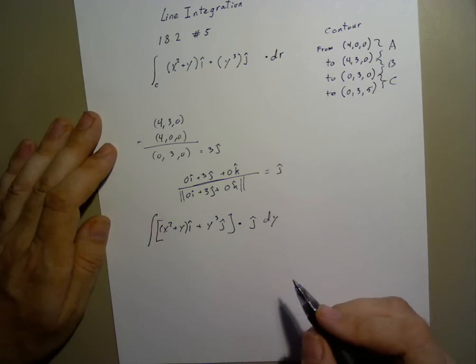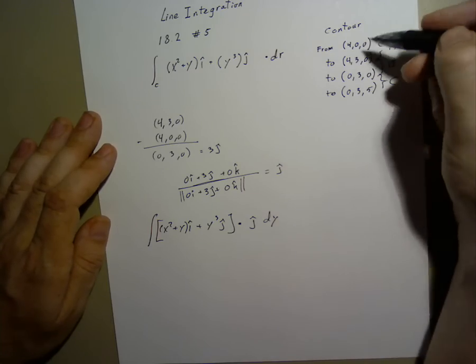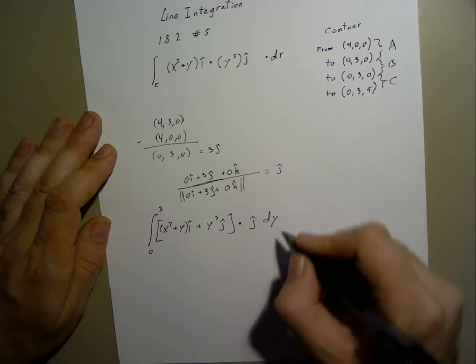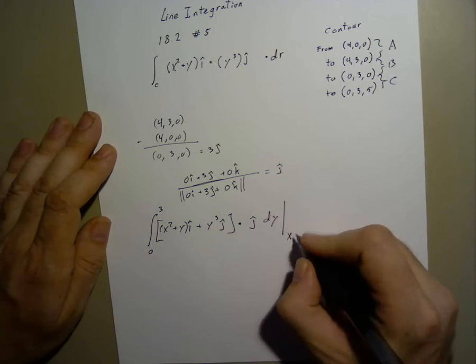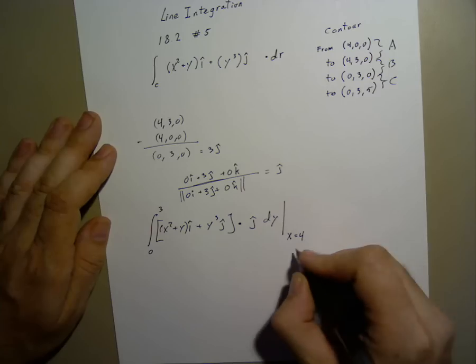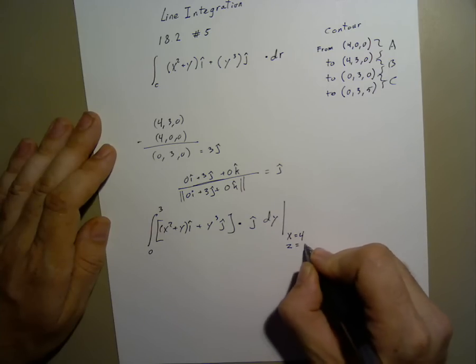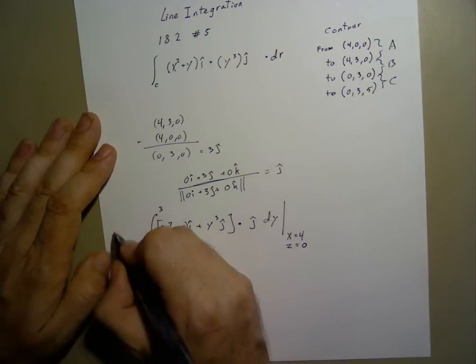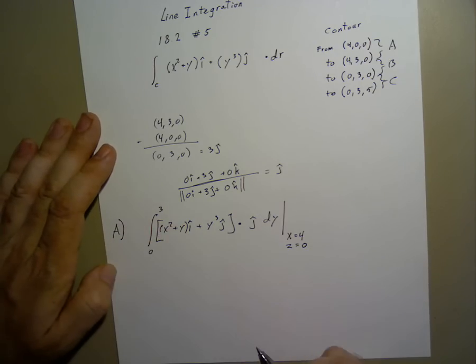In this case, we are integrating from 0 to 3 in y, whereas x is being held constant at 4 and z is being held constant at 0. This is our A vector integral.